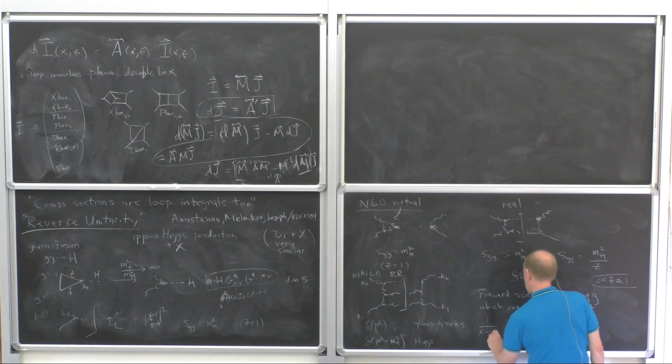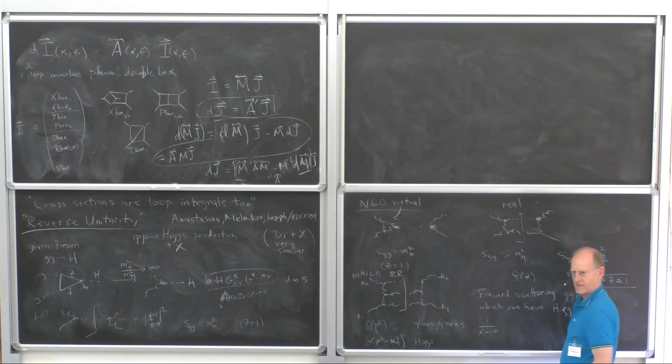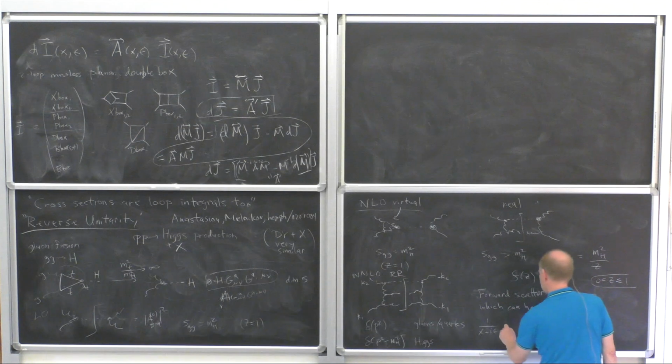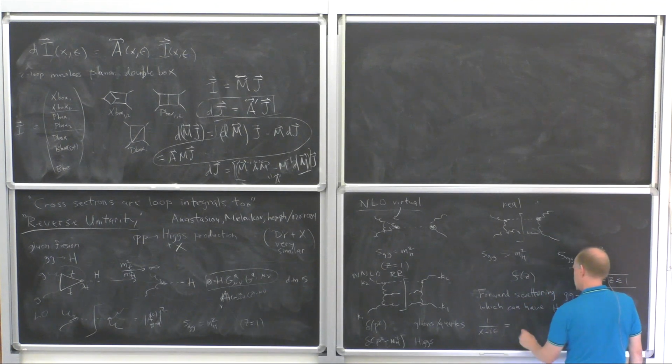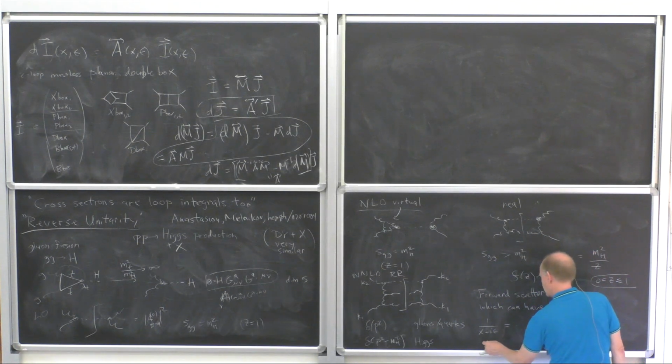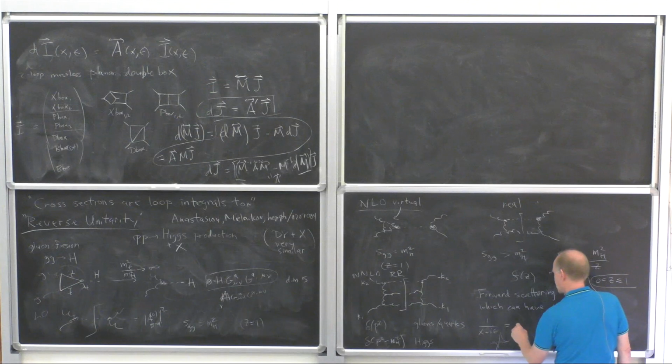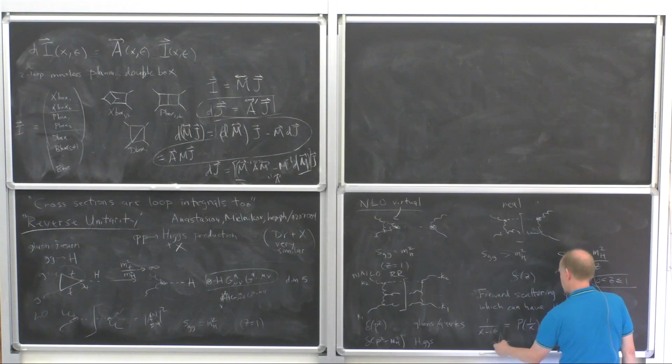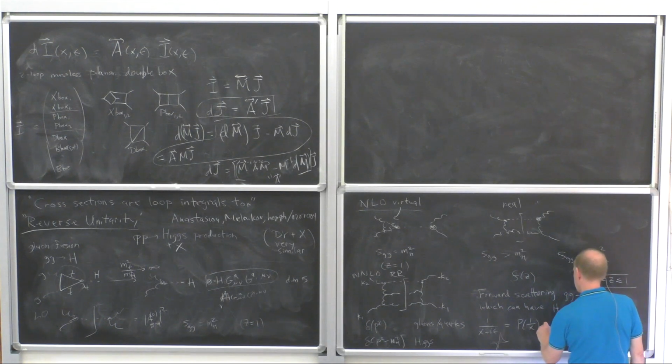for 1 over x plus I epsilon, which, if you ignore the epsilon, looks like 1 over x. You just have to be careful what's going on here, and you find that there's a principal part prescription that you need to specify for the real part.